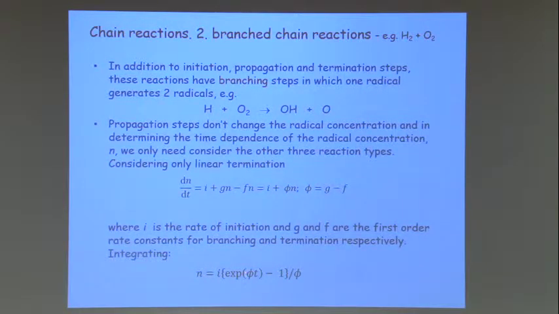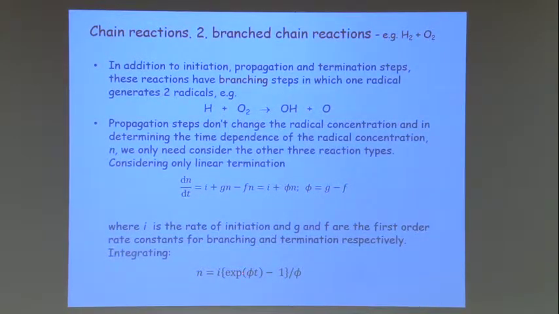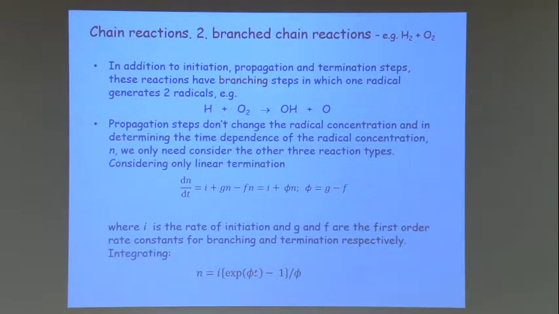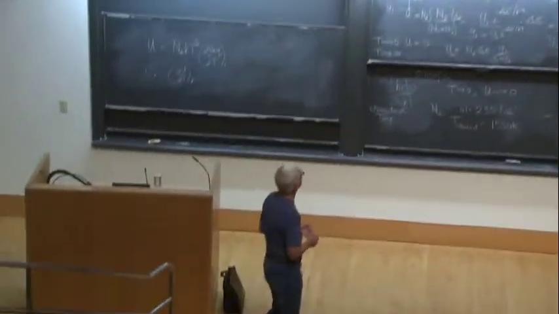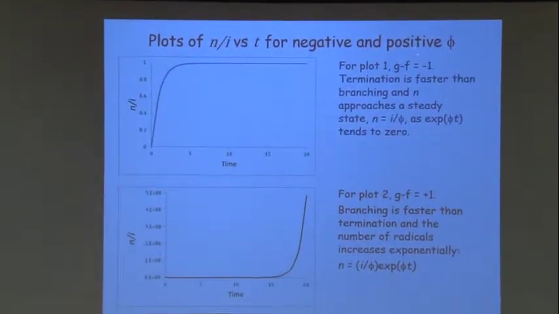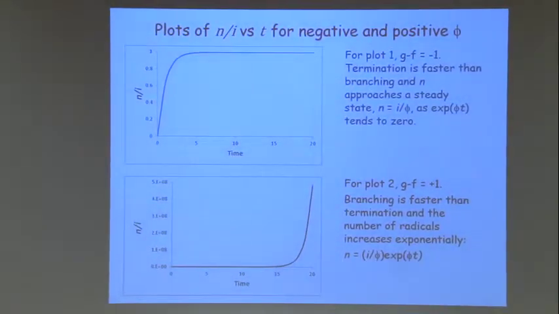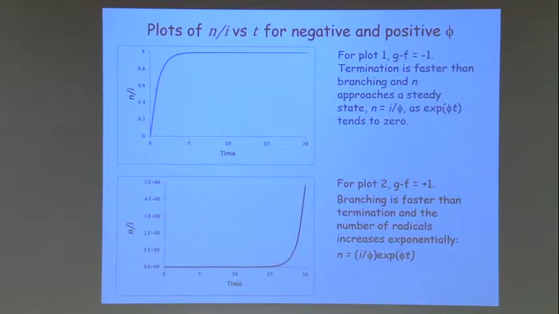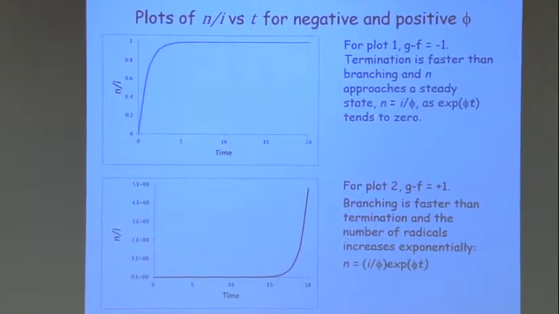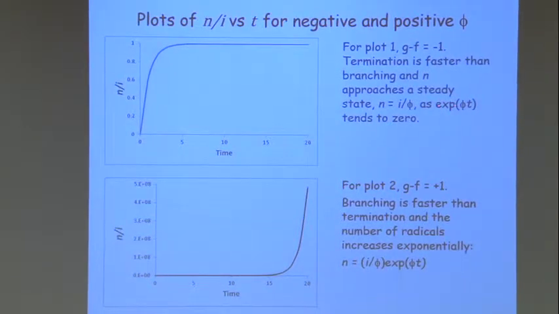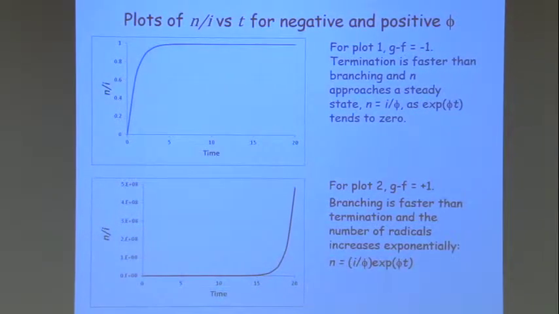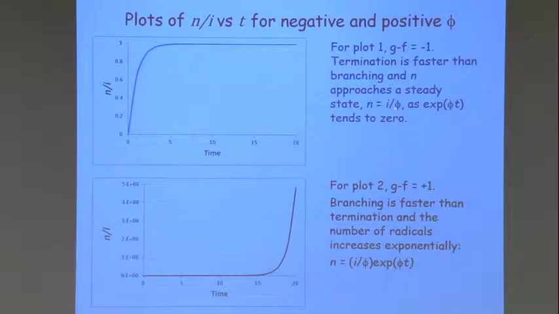And so what's going to happen is we're going to have in here a term which is an exponential of a minus phi t, where phi is negative, varying with time, or phi is positive, varying with time. And so what I did was to make G minus F equal to minus 1 here. So we have a term e to the minus t. And so what's going to happen now is that e to the minus t is going to tend to 0. And as it does so, n simply becomes equal to I over phi.